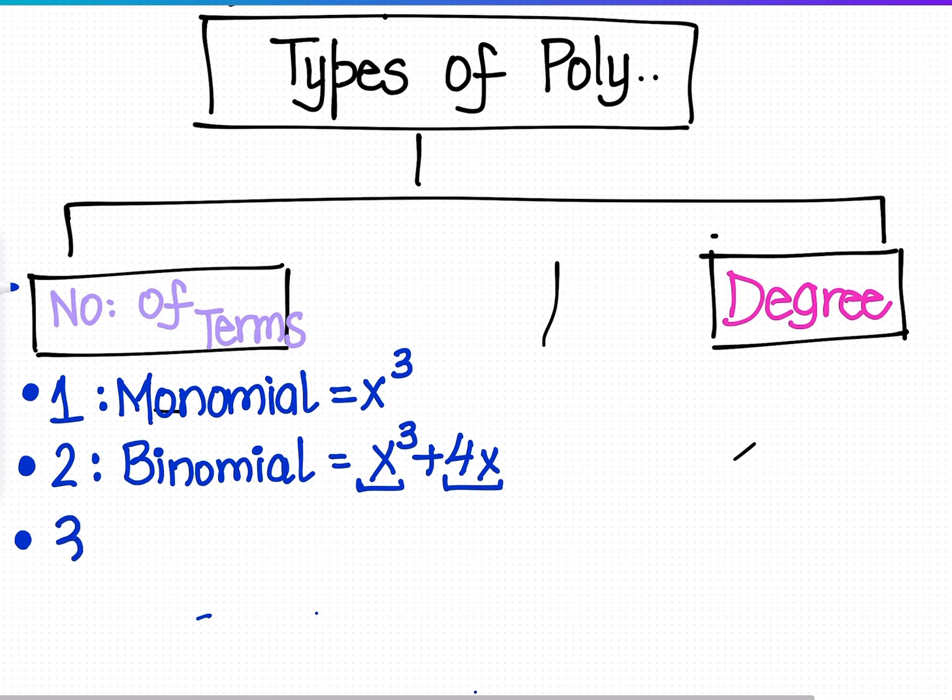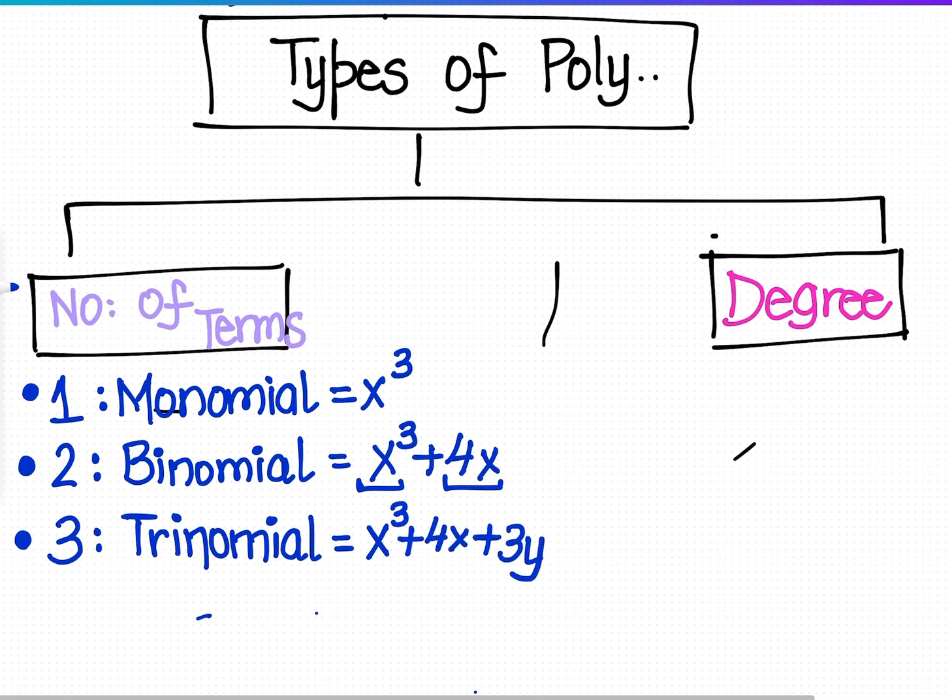Now we'll call the 3 terms one. The polynomial with 3 terms is called a trinomial. Let us write down an example. It can be x cubed plus 4x plus 3y. So it has 3 terms here.